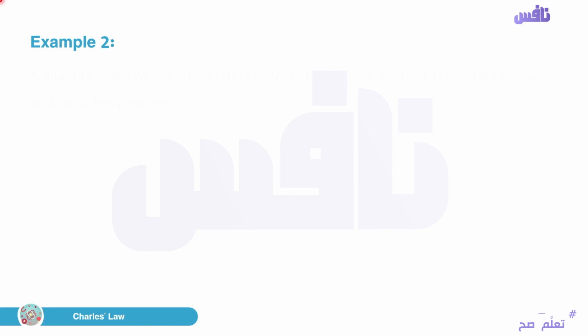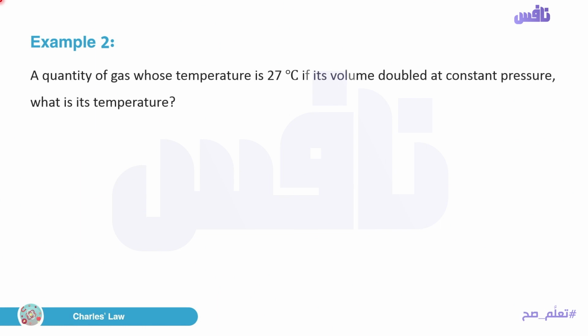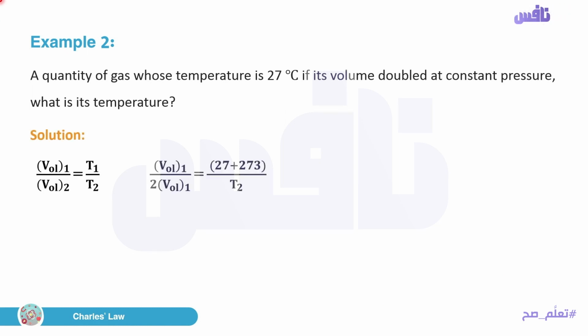Example number 2. A quantity of gas whose temperature is 27 Celsius has its volume doubled. This means V2 is double V1, so V2 equals 2V1 at constant pressure. What is its temperature? The solution will be V1 over V2 equals T1 over T2.